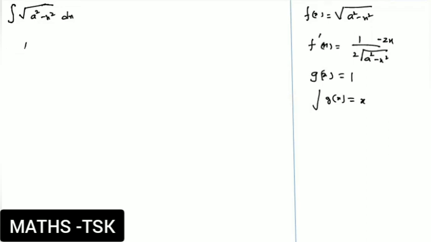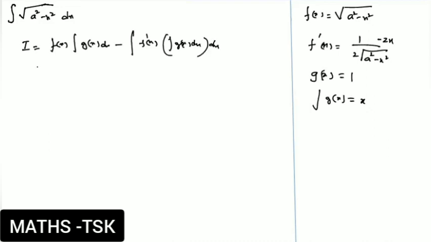I is nothing but integration of root of a square minus x square into 1 into dx. The formula is f of x times integration of g of x dx, minus integration of f dash of x times integration of g of x dx, whole dx.